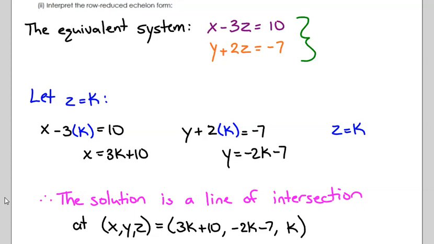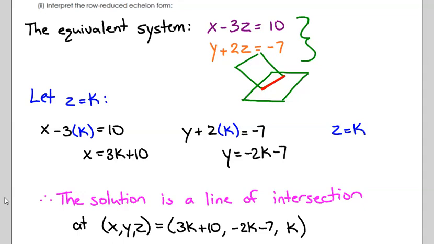Sometimes, especially when you're talking about two planes intersecting, I don't know how to draw this, but if you think about two planes intersecting, they could intersect not at a point, but at a line. So sometimes you'll get an answer that's not actually an x, y, z coordinate.